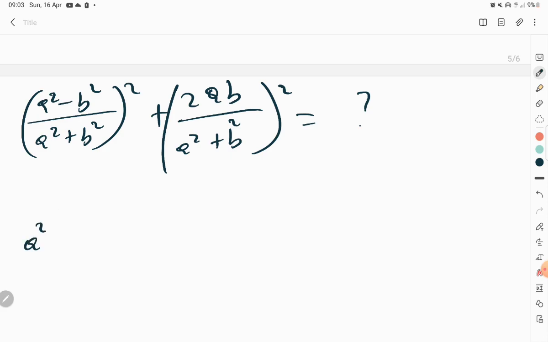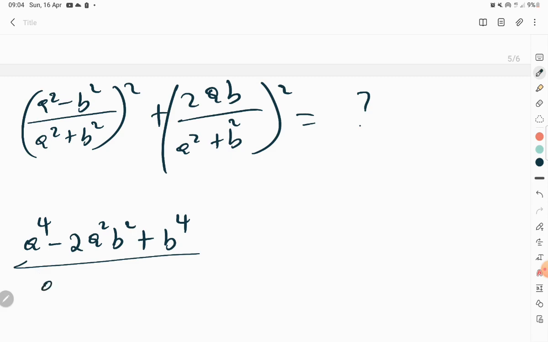So we have a to the fourth, then minus 2a squared b squared, then plus b to the fourth, all divided by a squared plus b squared all raised to 2.